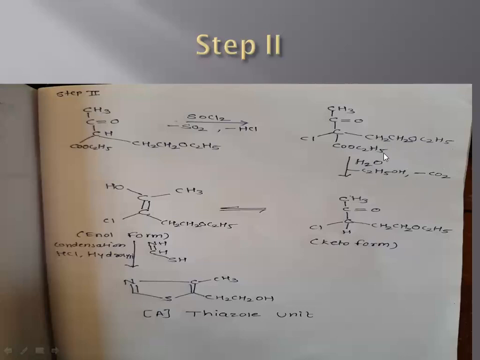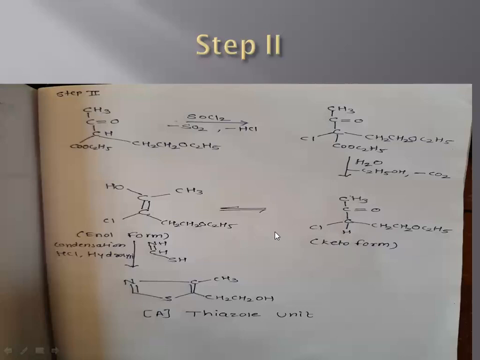OH minus will go with C2H5 and H plus will attack on this carbon atom. When that carbonyl group leaves, the carbon will give its electron pair to the next carbon. So that carbon has a negative charge. Because of that, this hydrogen will attack on it. The compound which we get is in the keto form.